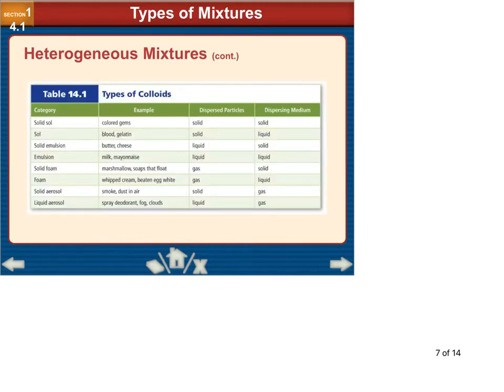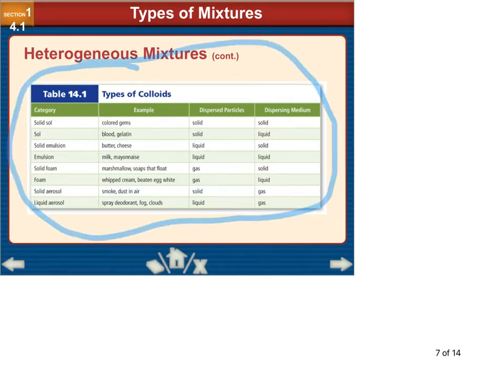Some various types of colloids are listed here in 14.1, so you'll want to add this to your notes. There are just a lot of different types of colloids, depending on what is dispersed and what is the dispersing medium.